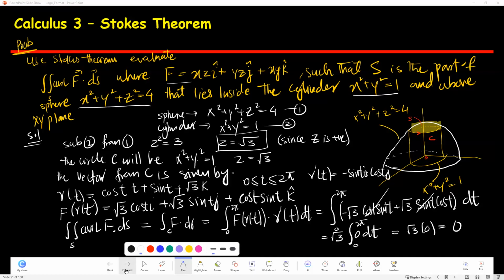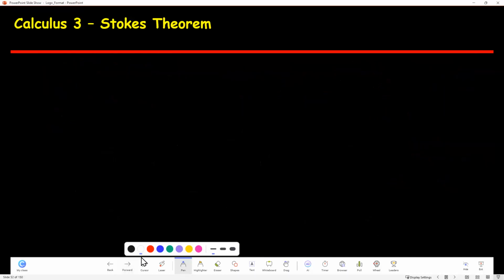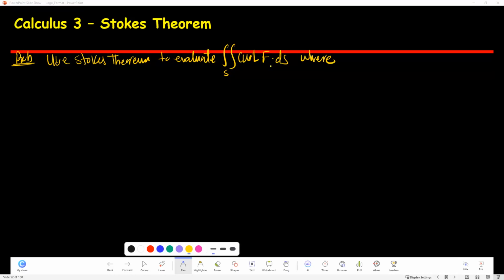Let's look at other problems. Use Stokes theorem to evaluate this function given, dS, where some of the books actually calculate this by taking the cross product of these.